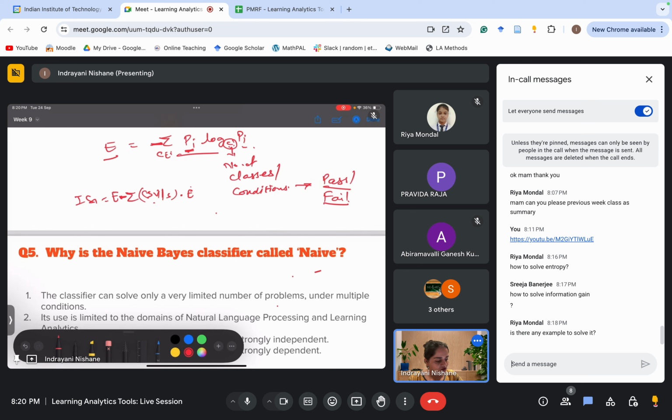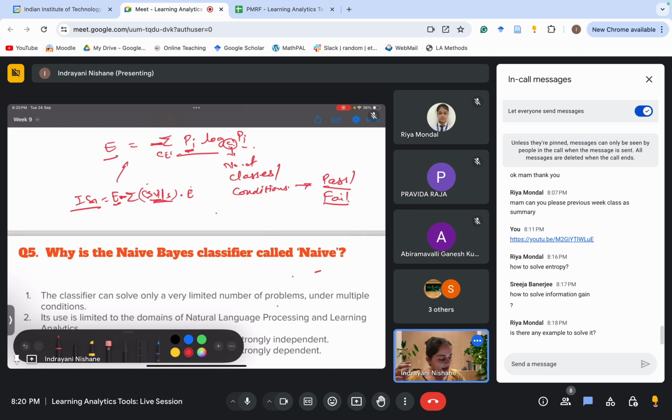So entropy you will calculate using this formula. Then SV upon S is within that formula. There would be some predictor variable and some independent variable. Generally we calculate information gain for an independent variable. Within that independent variable, say for example attendance less than 50% and attendance more than 50%.